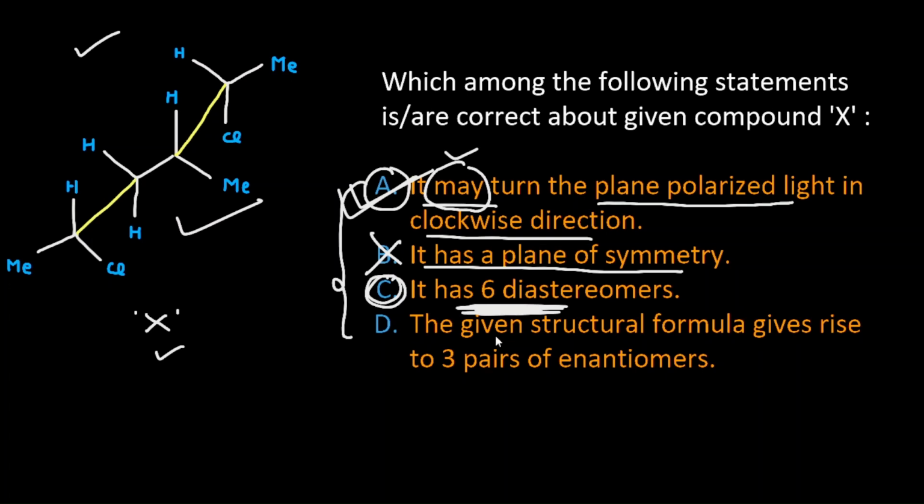So now you must understand what is the meaning of diastereomers. I will draw all the isomers first, then describe the meaning of diastereomers, and then finally calculate the number of diastereomers. For that, I have drawn all the possibilities. This compound has 3 chiral centers in the structural formula.